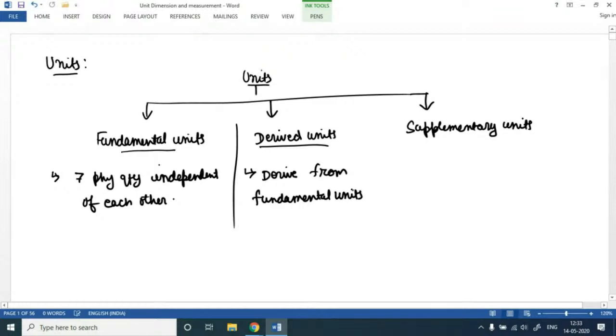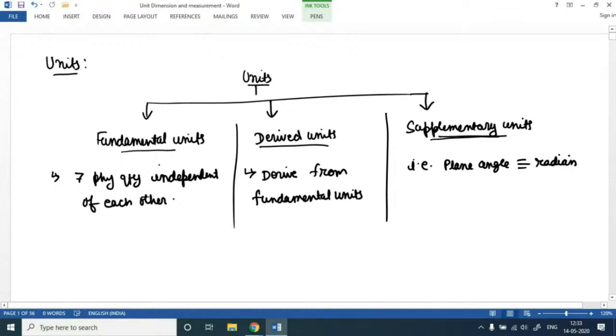And apart from that, two other supplementary units have been identified and inducted in the unit system, and these units are basically ratios. One of them is plane angle, and its unit is radian.